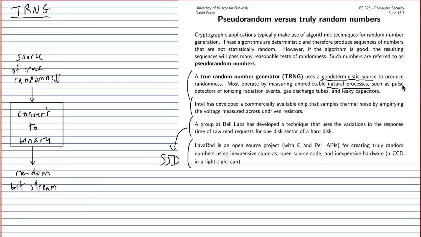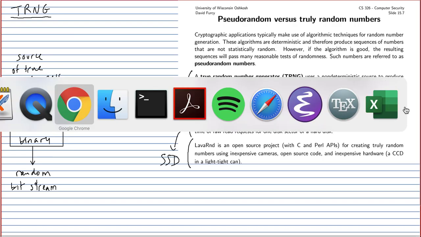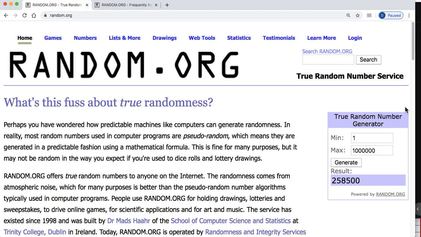So if you don't have access to one of those devices, another way you could get truly random data is by going to random.org. That's a website that provides true randomness for you. So if you look on the right here, you're able to pick your minimum and maximum bounds. And for example, if you want a random number between 1 and 1,000 or a million, you can just click here and it will give you one number at a time.